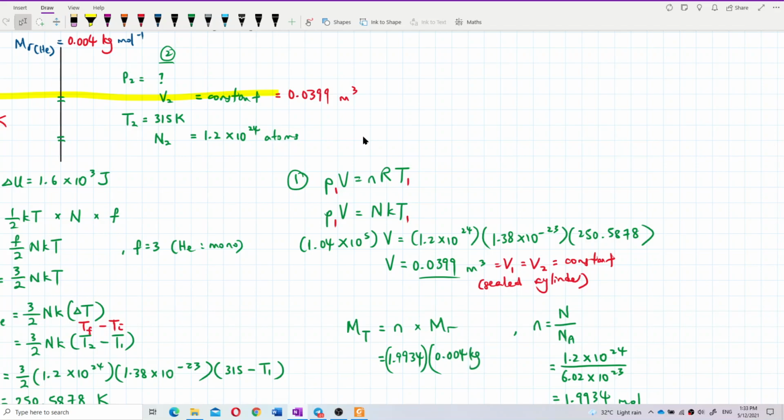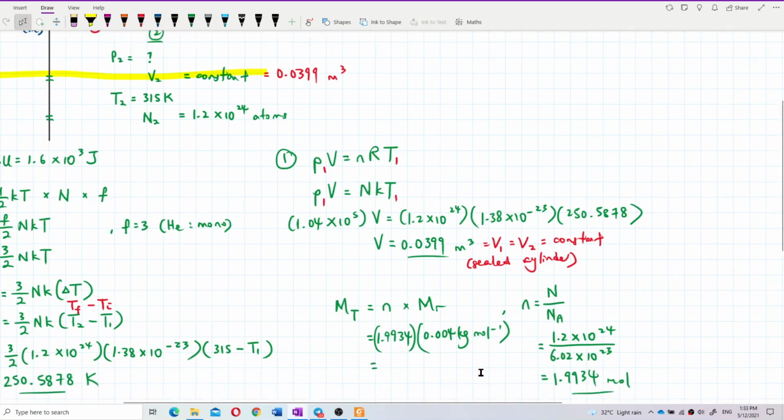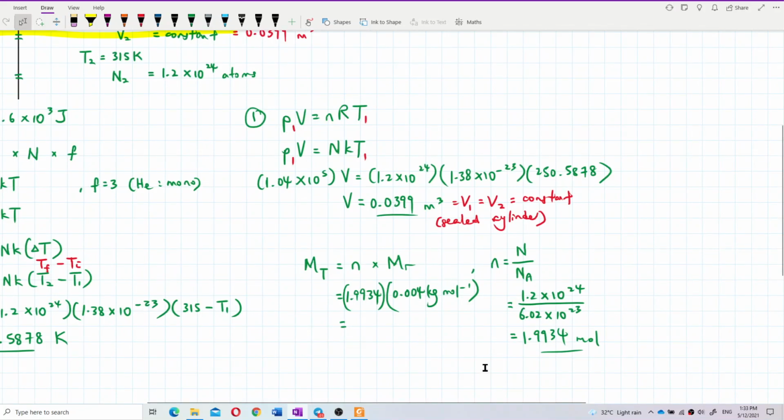Multiply with the number of moles, then I can find the total mass. So I got 7.9734 exponent -3 kilogram. This is my total mass.